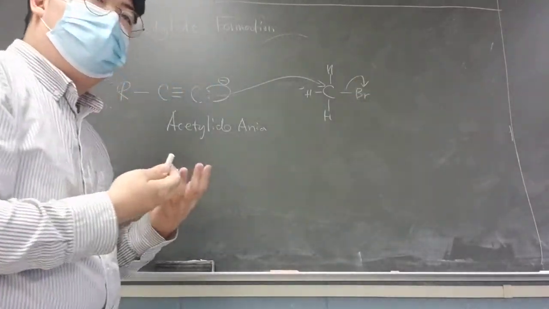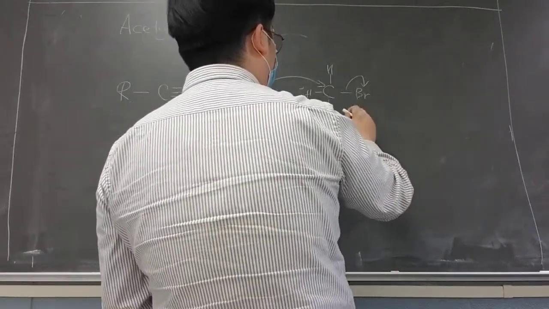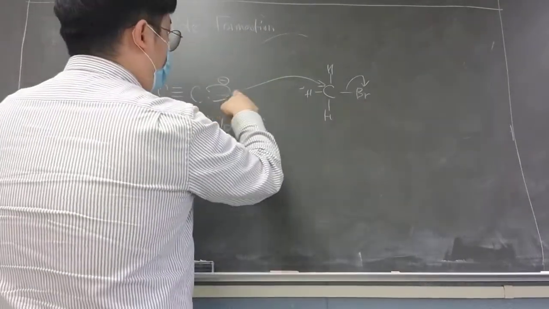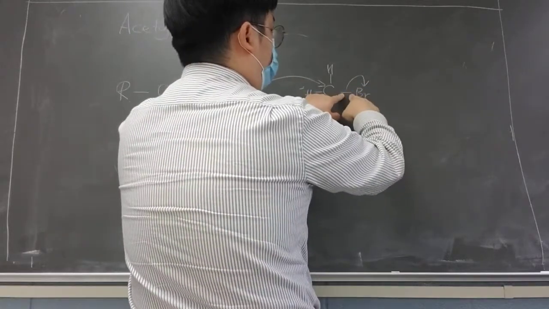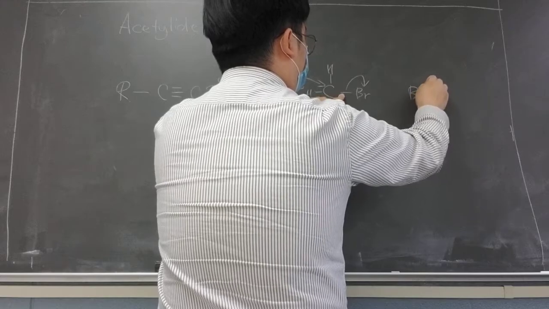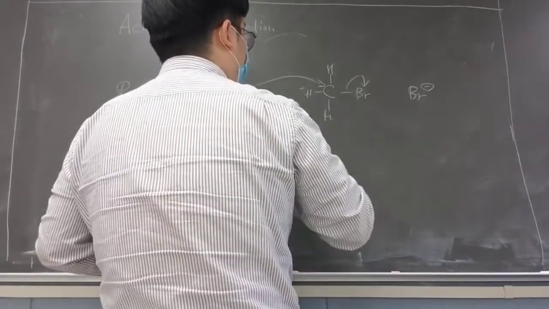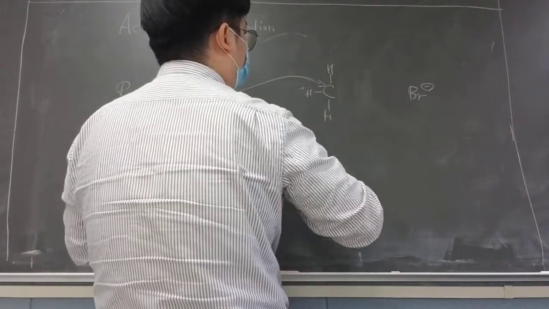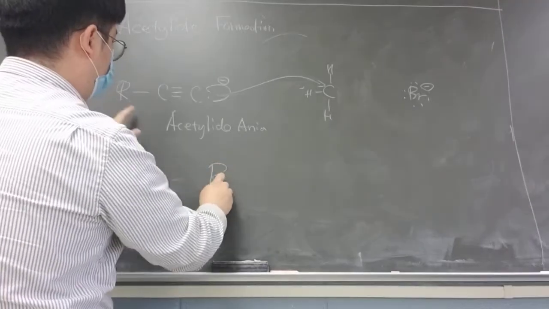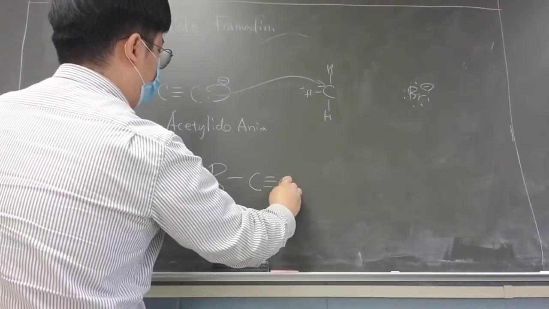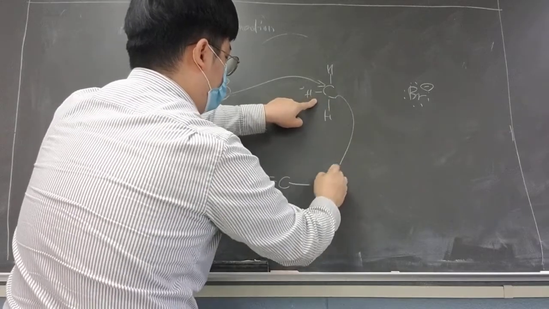It's easy to grab the paired electron because it's quite highly electronegative. So there's one bond made to this carbon now, but this will leave, taking this paired electron. It leaves in the negative charge anion form. So as you can see at the end, you're going to have R, C, triple bond, C. Now this carbon right here, right? This carbon.